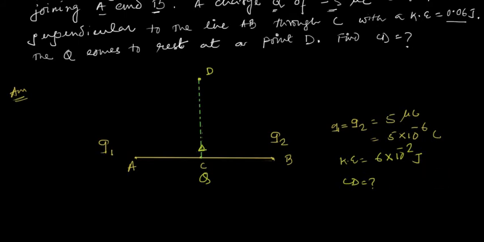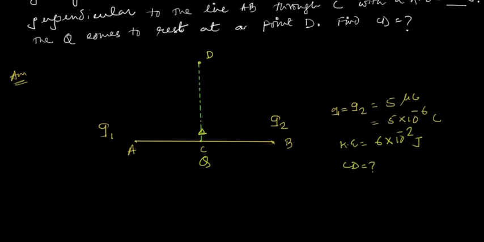First you have to understand why this capital Q charge comes to rest at D when it is being fired along CD.